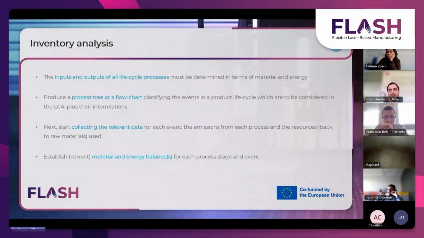And also, when you have this defined, you can produce a process or flow chart. So you classify the events in a product life cycle which are to be considered in the life cycle assessment, and their interrelation, from the first life cycle stage or process to the end, and for all of this, you complete the data with the inputs from nature, the technological sphere, and also the outputs, the emissions and the waste that is produced.